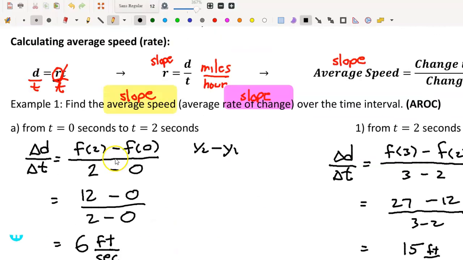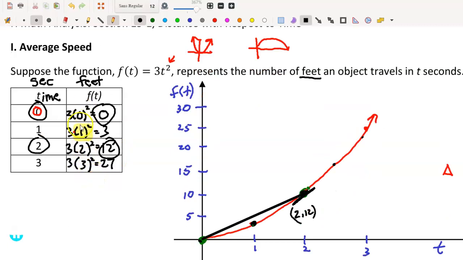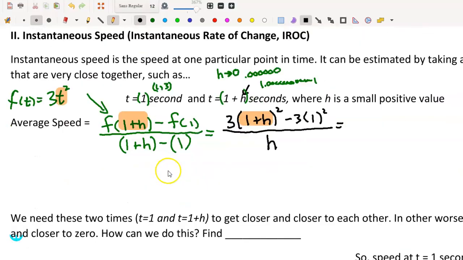Recall what I said earlier: when you're plugging things in, you do the exponents first, then you multiply by the number in front. Same thing here, it does not change. So we need to square this. We need to do (1 plus h) squared. Go ahead and do that real fast. What is (1 plus h) squared? What do you get? Write that in the parentheses. What's (1 plus h) squared?